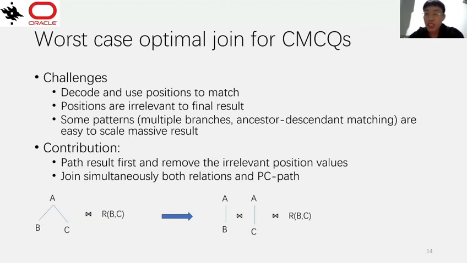So we designed the algorithm to compute the path result first and remove the irrelevant position values. Then we can join the tree pattern and relation results together simultaneously, reducing the intermediate results. Our algorithm design can guarantee worst case optimality for most cases. Yet for some other cases, it may require position value information that is more than the final results.